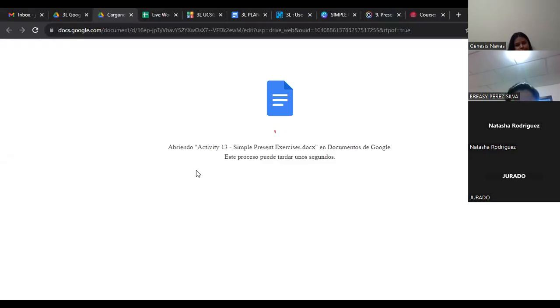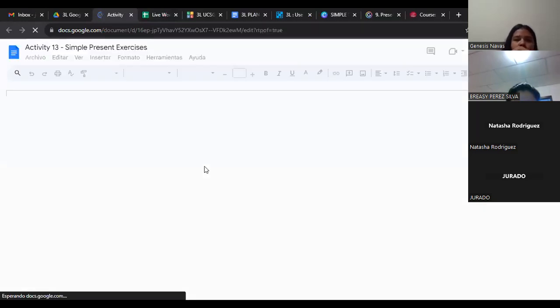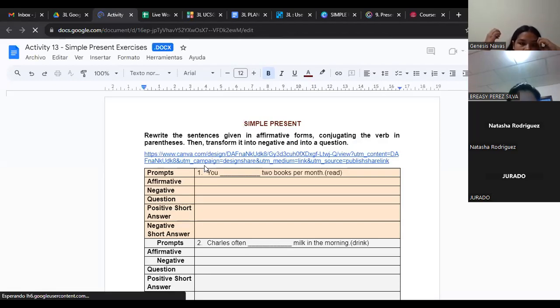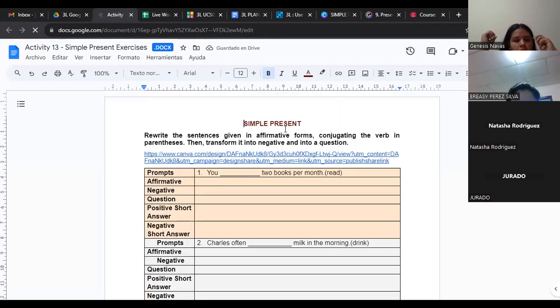Okay, so in this activity, you are going to transform the sentences into negative, question, and then the positive short and negative short answers. Okay.